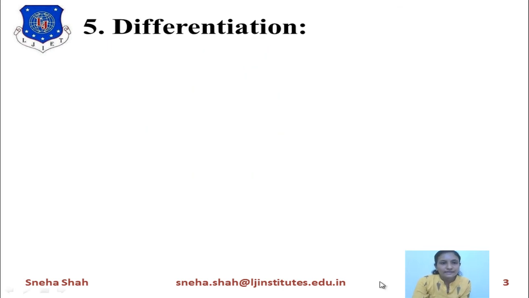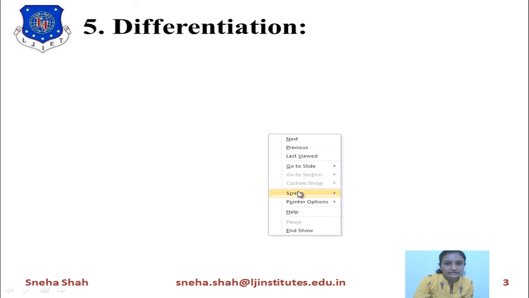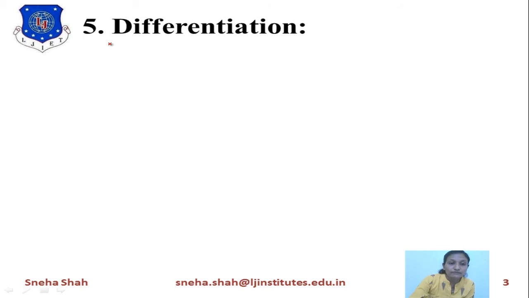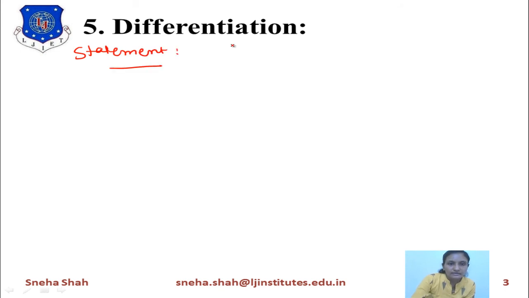Now the next property is the differentiation property. What is differentiation? If we do differentiation in the time domain, what should be the representation in the frequency domain? For this we start from the statement. If we take x of n and find its DTFT, it will be represented as X of omega.